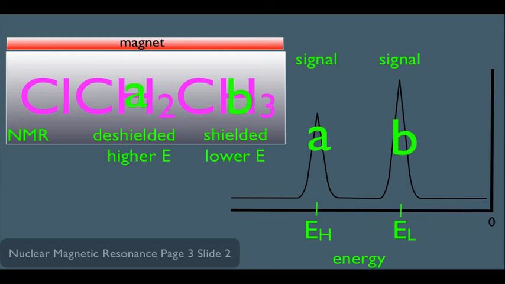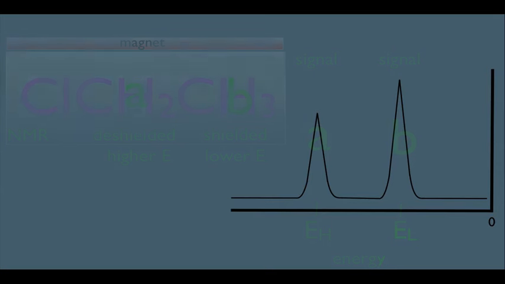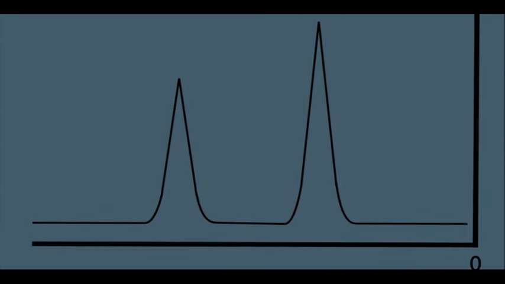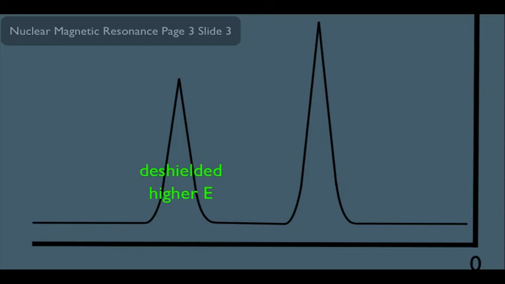Now, at this point, you might be thinking, okay, that's great. That's the connection of this to organic chemistry. But still, what does this do for me? Well, I'll get to that in a second, but let's pause for some vocab here. If you get a good look at this spectrum right here, here's what I want you to know. If you're more de-shielded, which means it takes a higher energy to bring you into resonance, and if you're more shielded, which requires a lower energy to bring you into resonance, the de-shielded peak, what we want to know, would be more downfield.